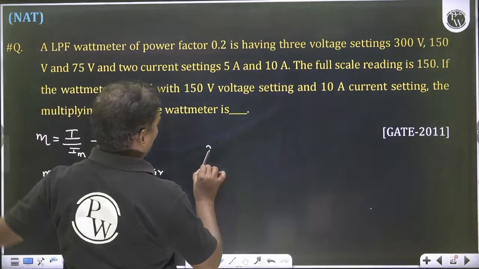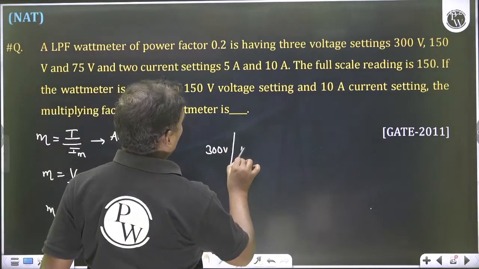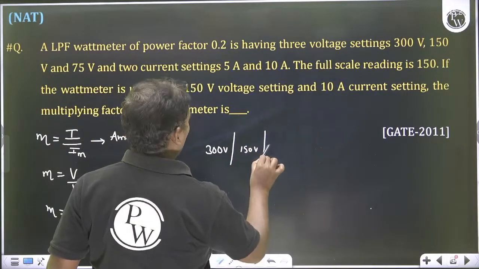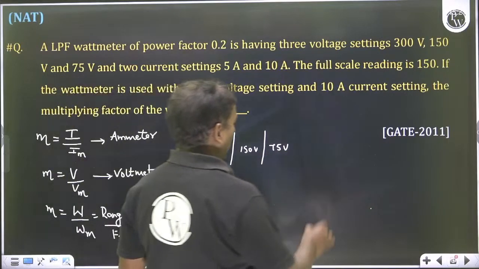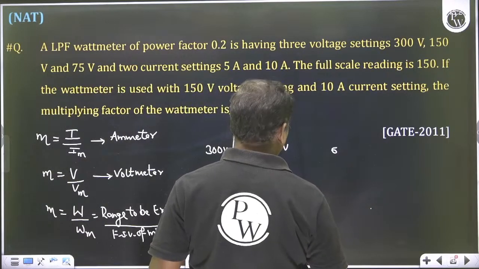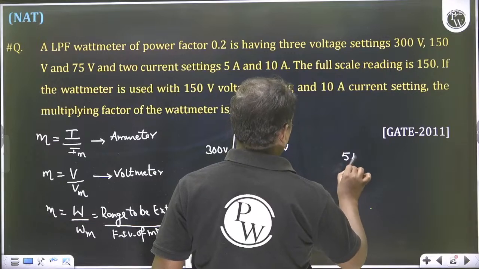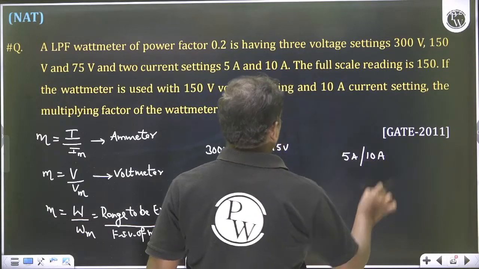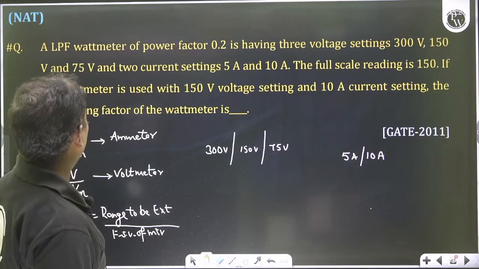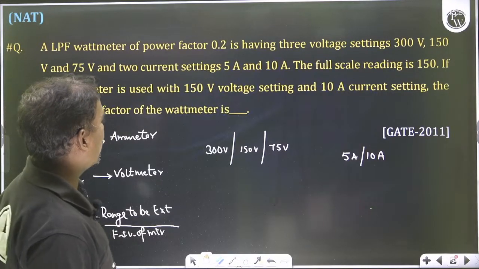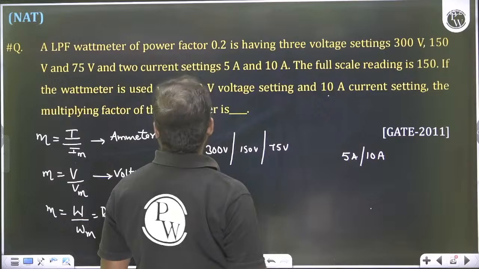What are the 3 voltage settings? 300 volts, 150 volts, 75 volts. And the current settings are 5 amperes and 10 amperes. The full scale reading is 150. Okay, that's good.